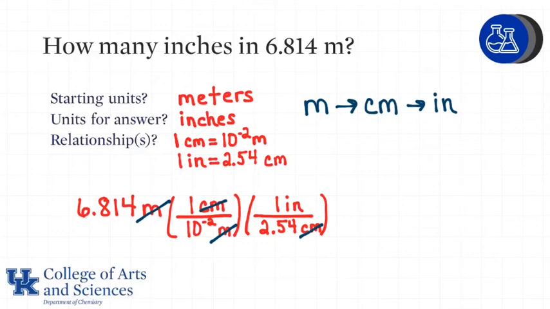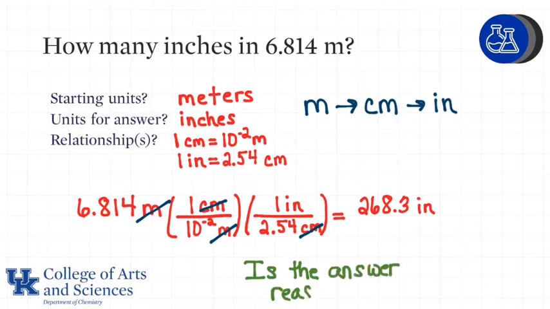Now I can cancel out centimeters because I have it in the numerator and the denominator. At this point, I'm left with units of inches. I solve the problem and I find 268.3 inches. And I see that this does have the correct number of significant figures because I have 4 significant figures in my answer. I have 4 significant figures in 6.814.